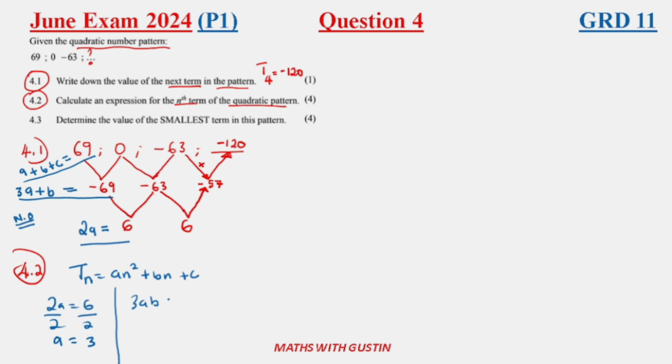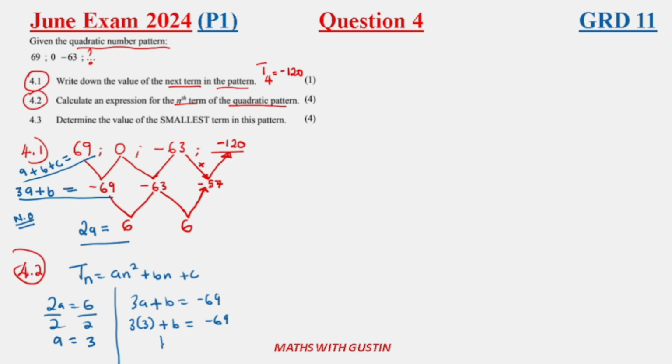3a plus b is equal to negative 69. We already know what a is. Please make sure, guys, that you don't make a mistake, because the value of a that you got previously, you use it to find b. If you make a mistake in getting the value of a, then b and c will be wrong as well.